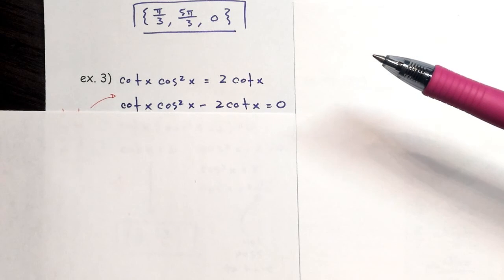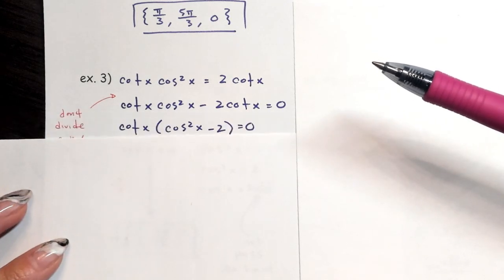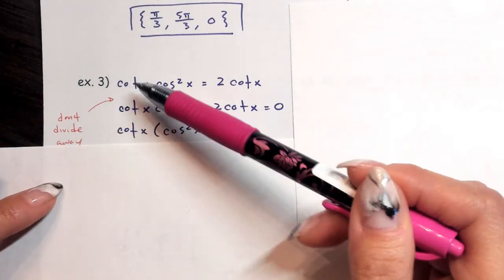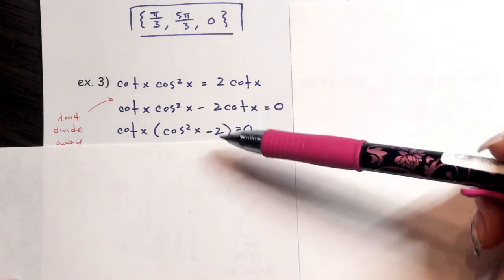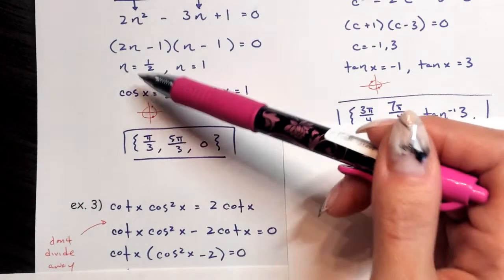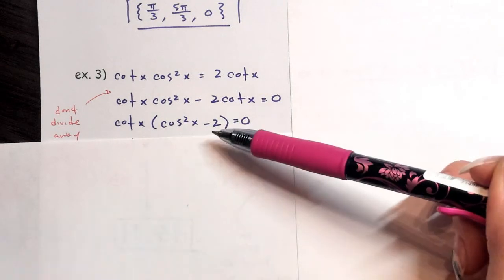So my first step was to get everything on the left side. And then factor out. So right here, I made a little note. Don't divide away that cotangent x, okay? So you can factor out a cotangent x now, and now it's factored. It's not this kind of factoring, but this is still factoring. You factor out something and it's factored.